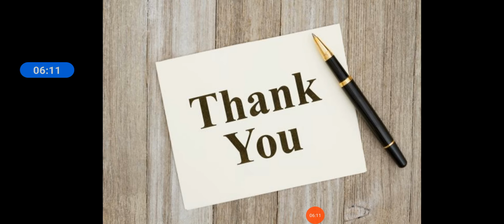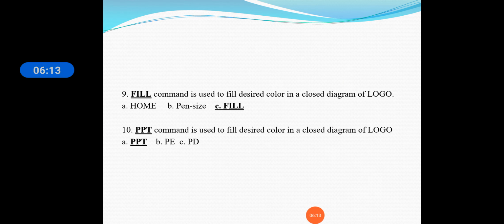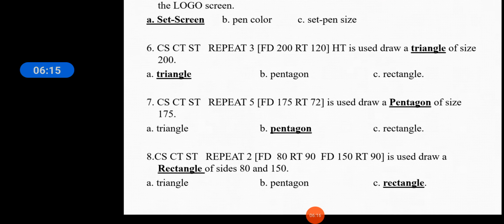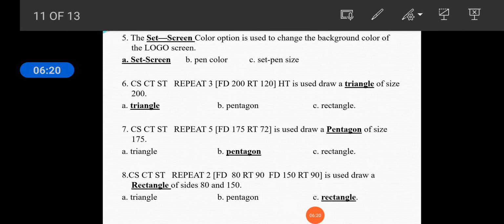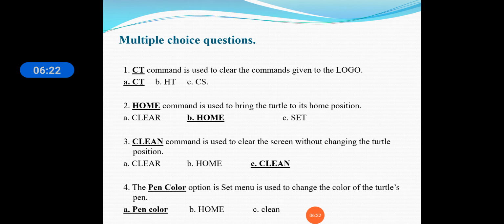Now let us revise what we have learned in the live class. First one, dash command is used to clear, the CT command. To change the position of the turtle, we are using the home command here.